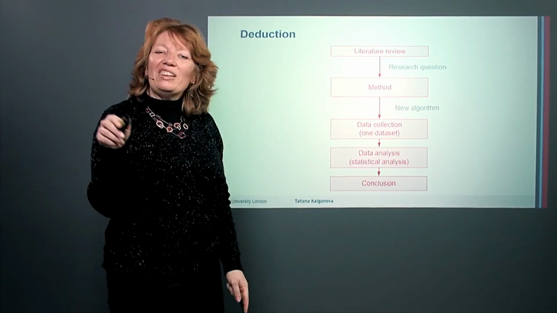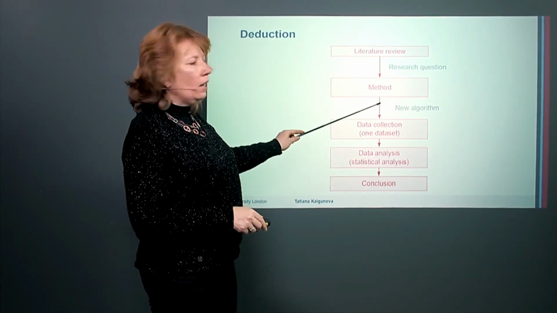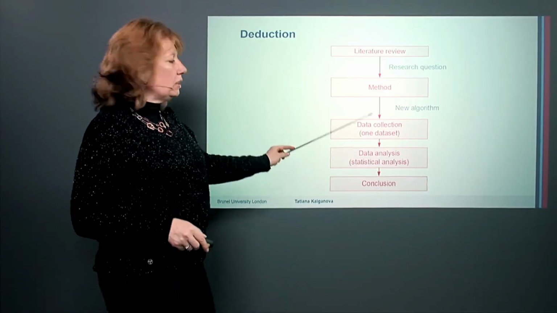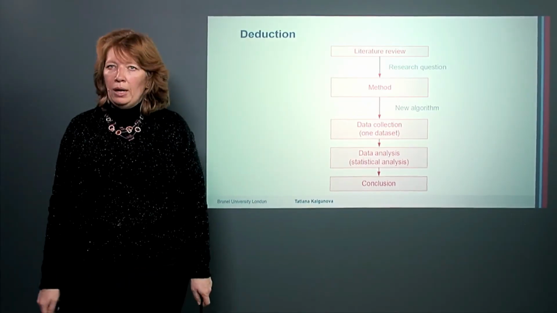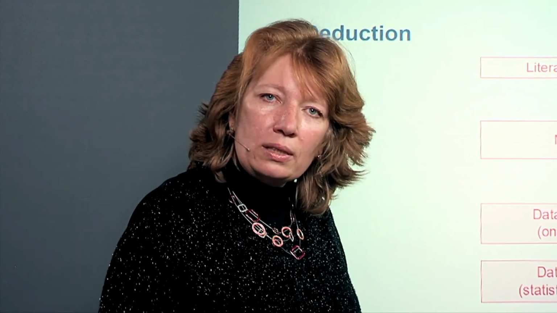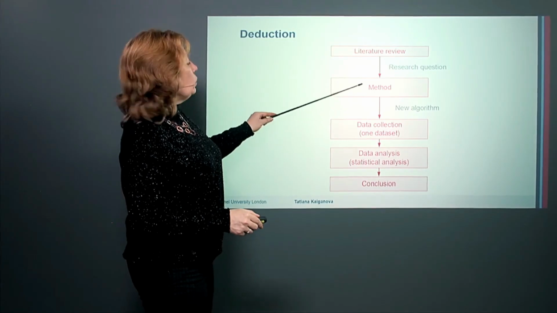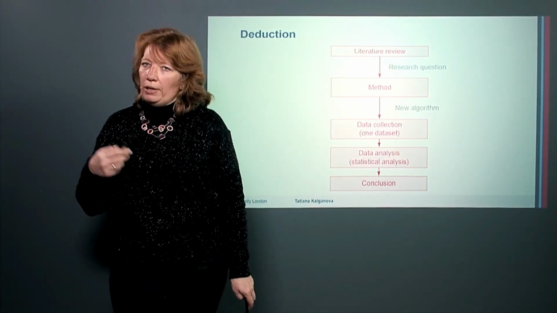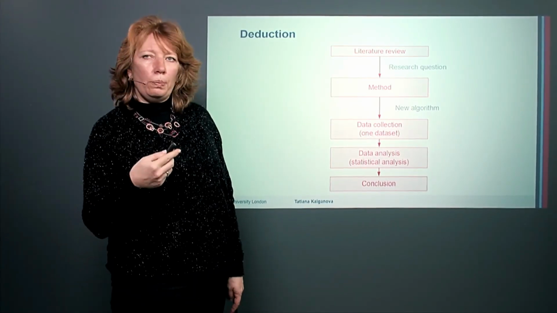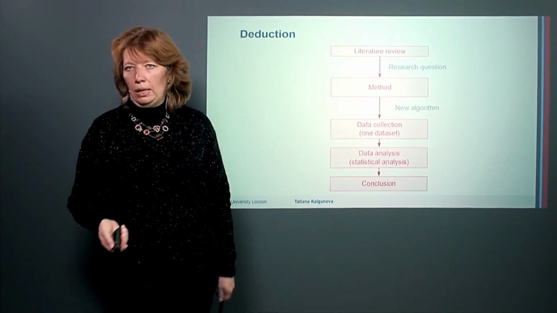And once we started to answer the research question, first we formulated one theory, some proposed method, which we tested later on the data. So in this particular process, the flow was slightly different. We formulated the theory first, which will lead to justification and demonstration of the efficiency of this particular method using the data collection.